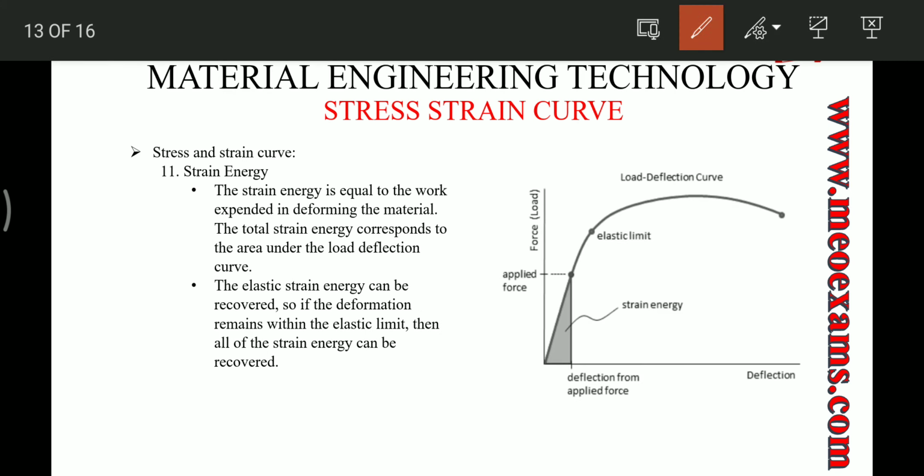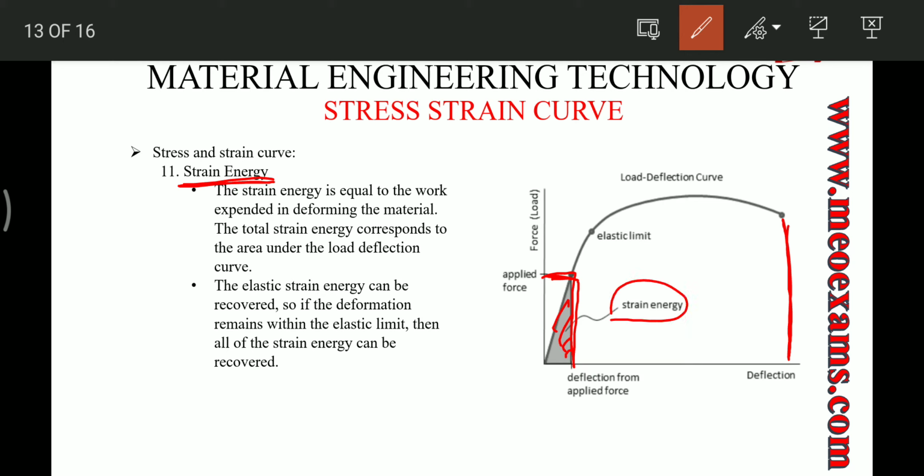Then we have something called strain energy. So friends, strain energy is equal to the work expended in deformation of the material, or the work needed for deforming the material. The total energy corresponds to the area under this curve. Okay, friends. As we know, this is the elastic region, so the area under this curve is called the elastic strain energy.